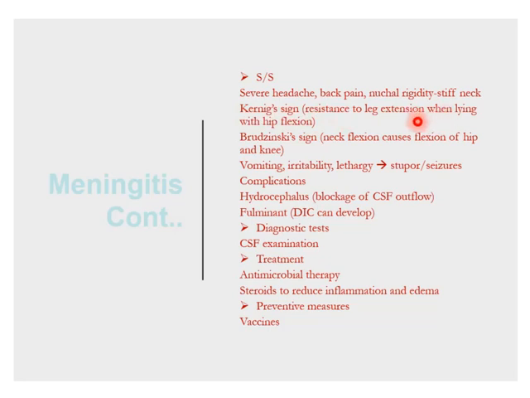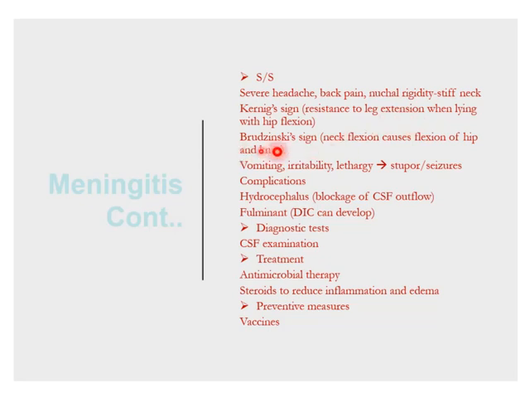So you ask the individual to lie down and fold their legs at the hip, and when you try to raise their leg from the hip, you are going to have resistance. Okay, you cannot easily lift the leg from the hip. So that is Kernig sign.